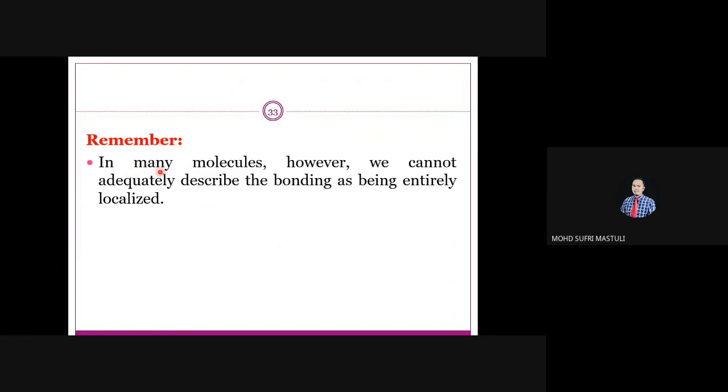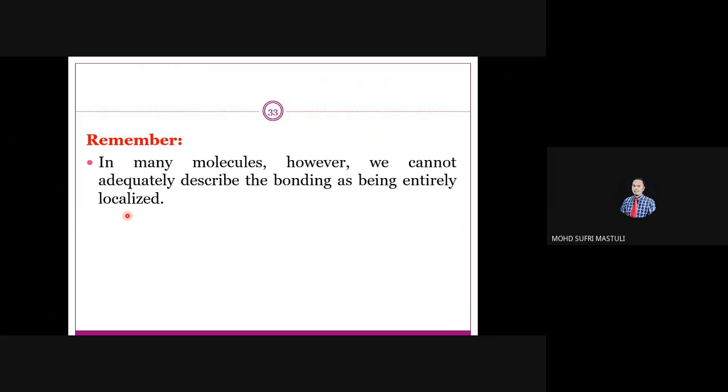Remember, in most molecules, we cannot adequately describe the bonding as being entirely localized. Some bonding can be delocalized.